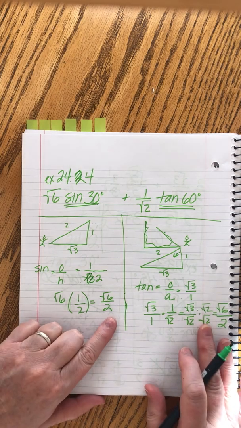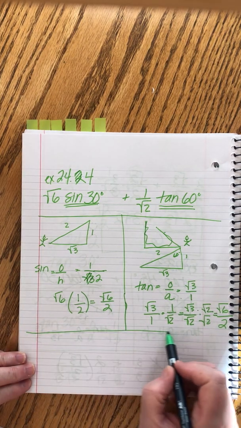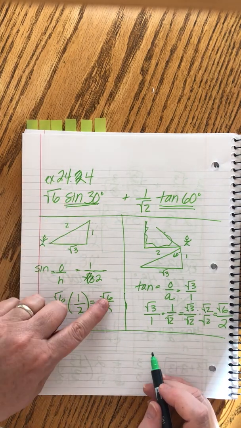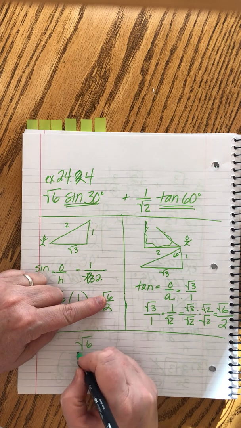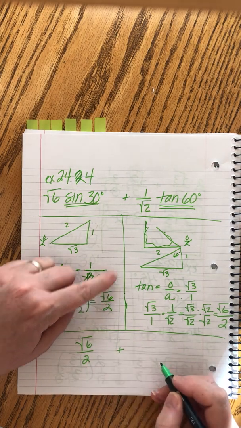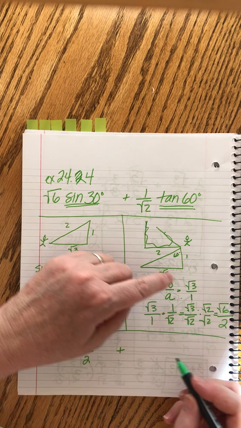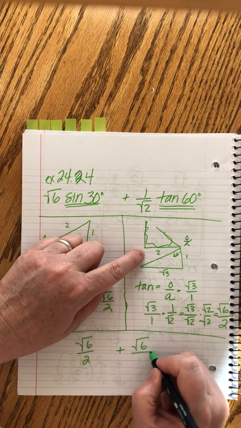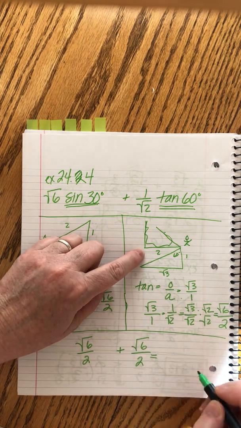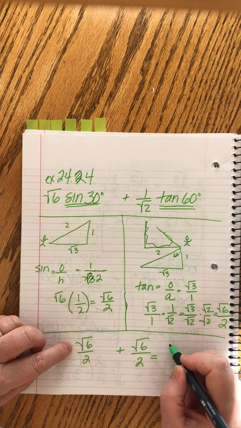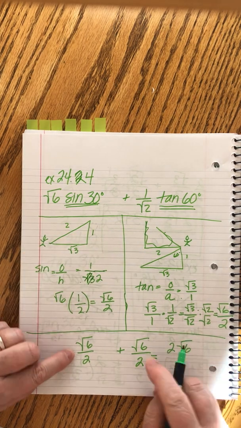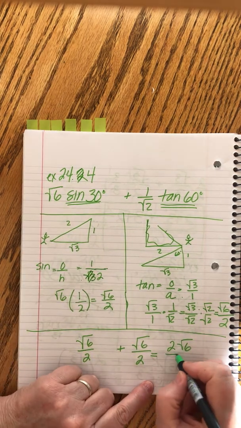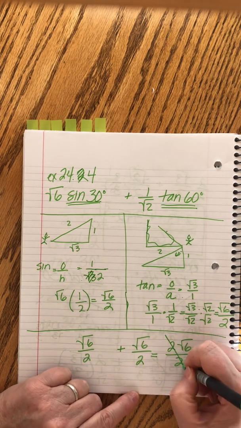And now we're ready to add. This whole thing is this, plus this whole thing is that, and it equals 2 square root of 6's over 2. And then look, we can cancel that.